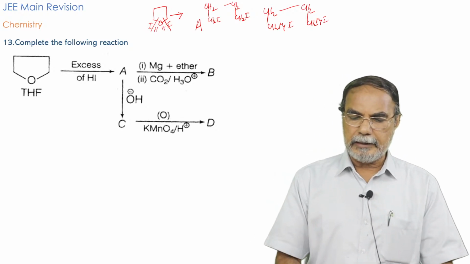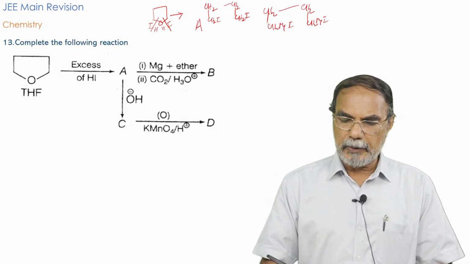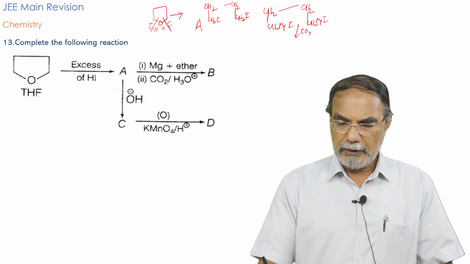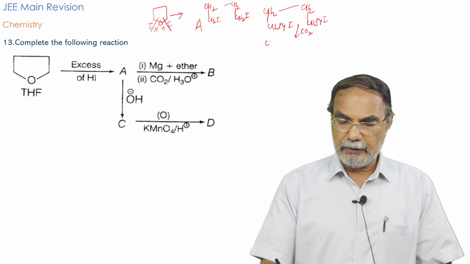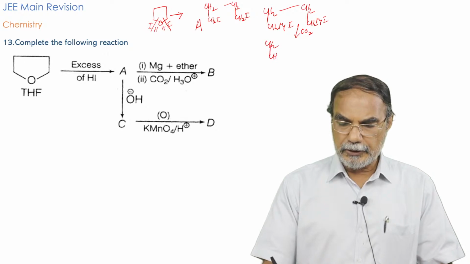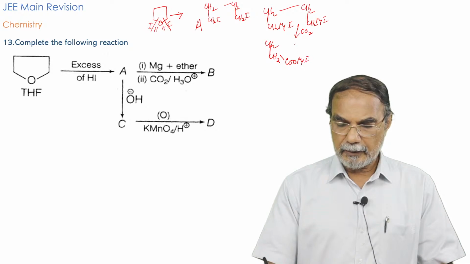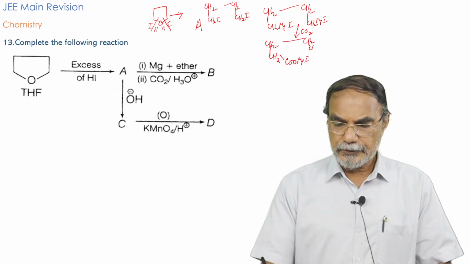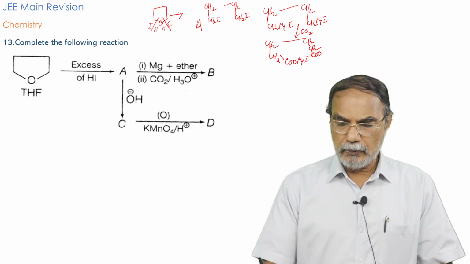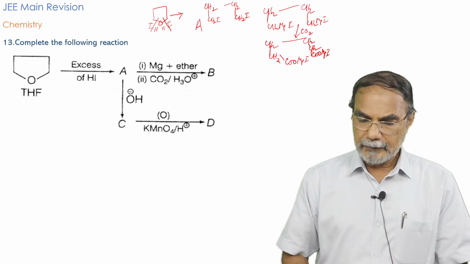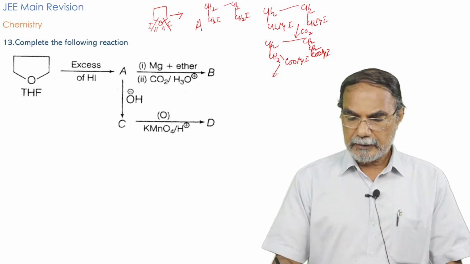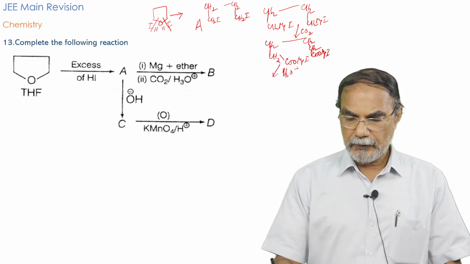And this Grignard reagent, on reaction with carbon dioxide, that is the second step. Carbon dioxide, what will happen? The Grignard reagent will react with the carbon dioxide at both these points, and you have CH2, CH2, COO, MgI, and here also CH2, CH2, COO, MgI at this part also, and it is subjected to hydrolysis, H3O positive hydrolysis.